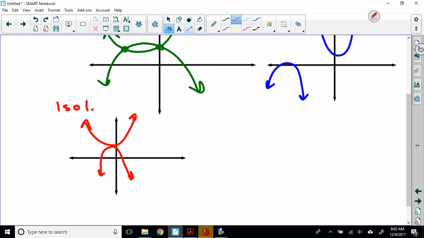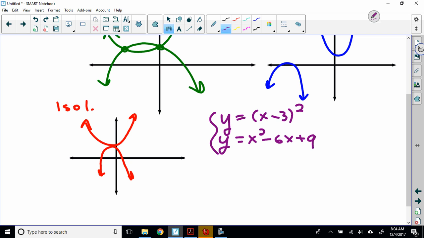Now, one thing we had seen when we studied lines is sometimes the lines overlap, right? Is that possible with parabolas also? Sure is. What if we had something like y equals (x minus 3) squared, and y equals x squared minus 6x plus 9?